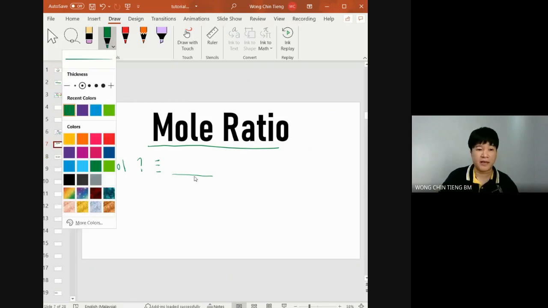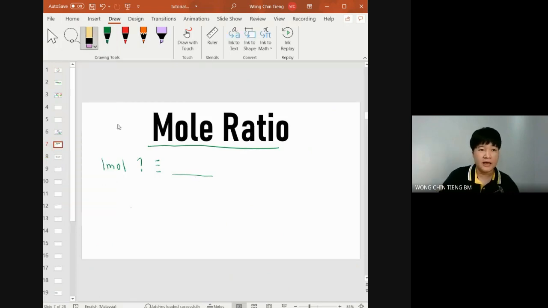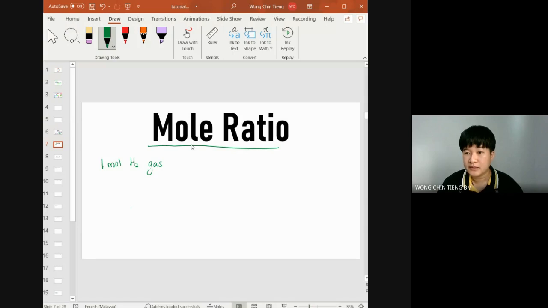So let's say I'm talking about just everything about yang senang, hydrogen. Tak payah kira banyak-banyak. 1 mole of hydrogen gas. Okay? So first question, 1 mole of hydrogen gas, if I want it in the form of volume at STP, how many liter? 22.4. 22.4 je, tak ada unit.